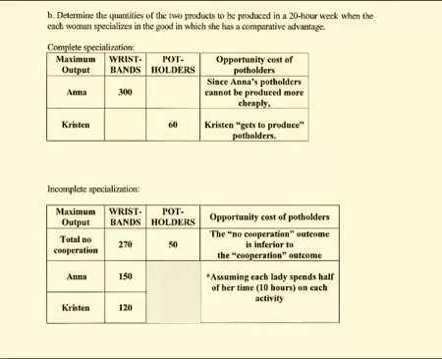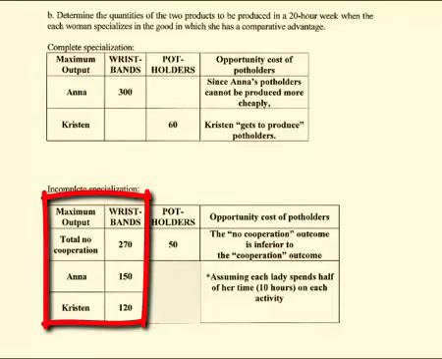We can show that when they specialize in production, more goods will be obtained than if they divided their time 50-50 percentage-wise, and each lady produced both goods. So we take the maximum quantities that they could produce and divide them by 2 for half of the time, and we see that Anna would have produced 150 wristbands.